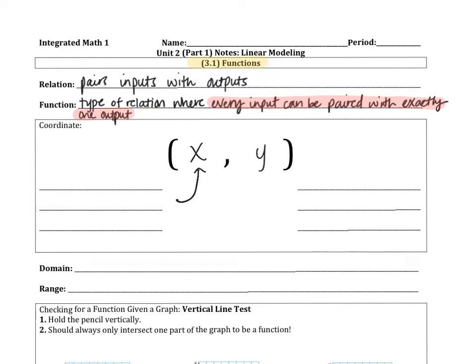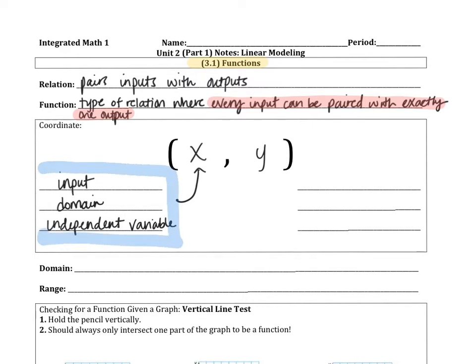We can call x the input, the domain, or the independent variable. All of these are characteristics and names for x, and we could describe them this way or interchangeably.